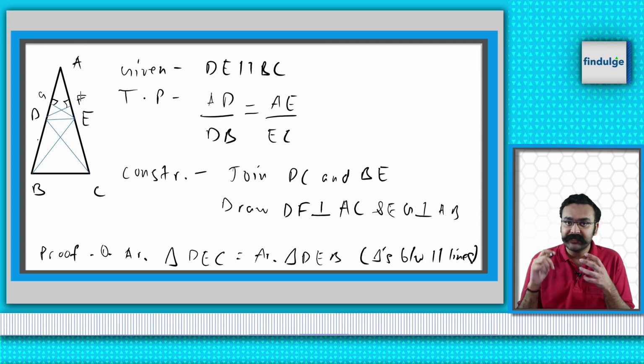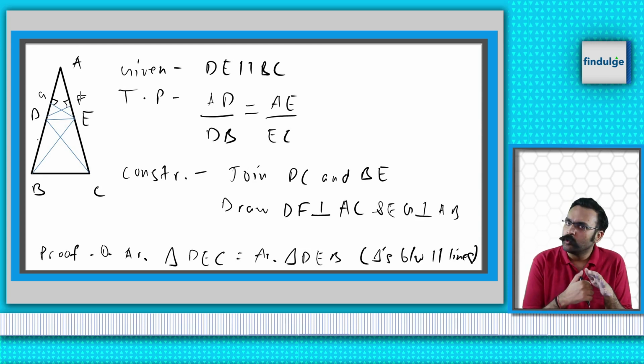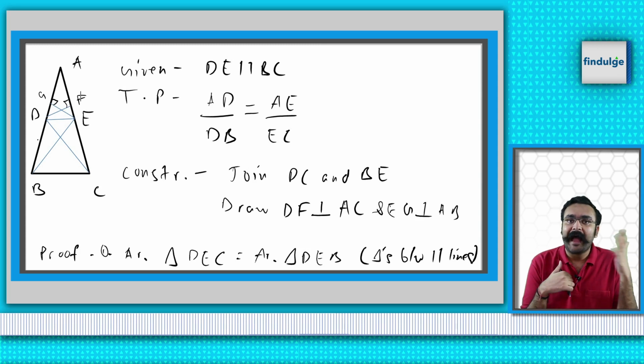And so this basic proportionality theorem will be used to use similarity in the future. So let's first solve a few questions based on basic proportionality and then move on to actual similarity of triangles.